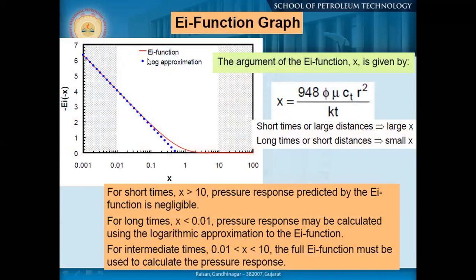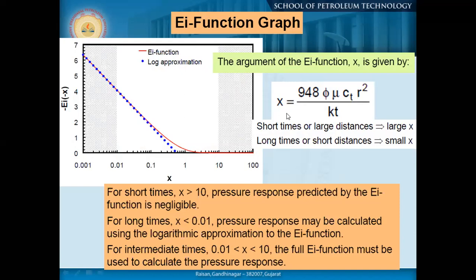One is the EI, exponential integral function expansion, which is the red line, and the log approximation. If we really take the log approximation, you can see it follows the same up to a certain level, but after that it is not following, and then after that it matches with the zero value. So what we need to see, to solve our line source solution of the diffusivity equation, is what approximate value or formulation we should take for specific r and x, which is related to our pressure.